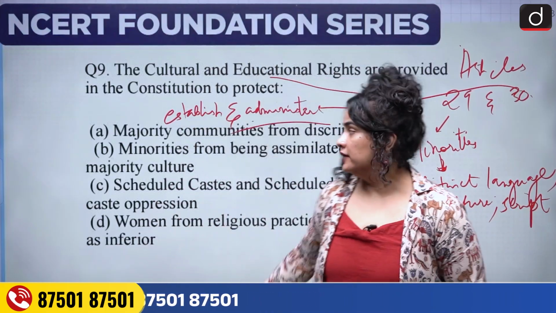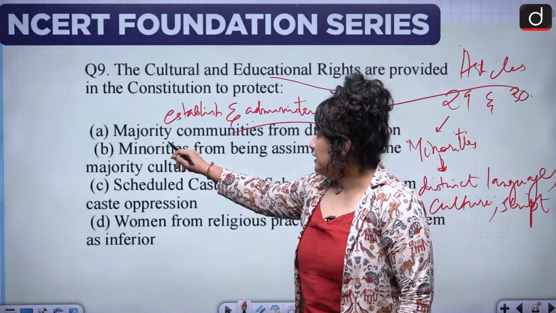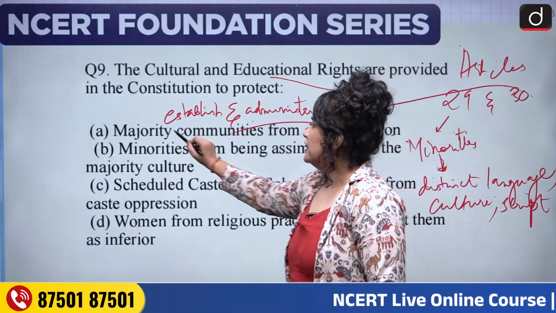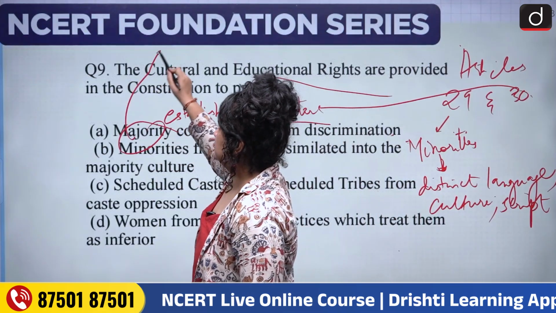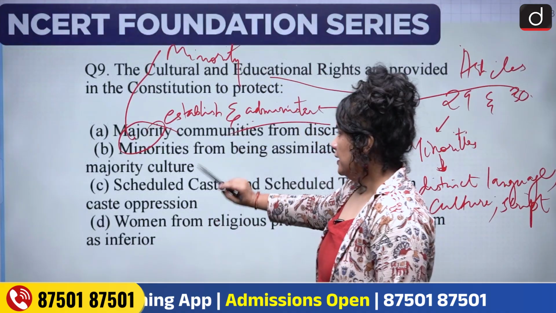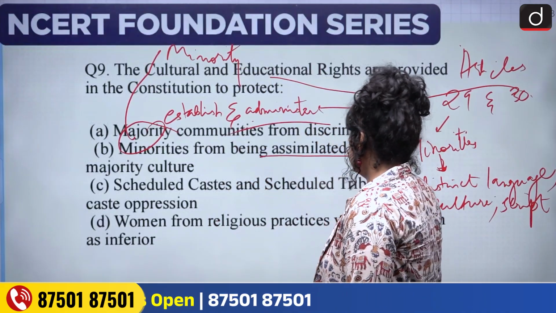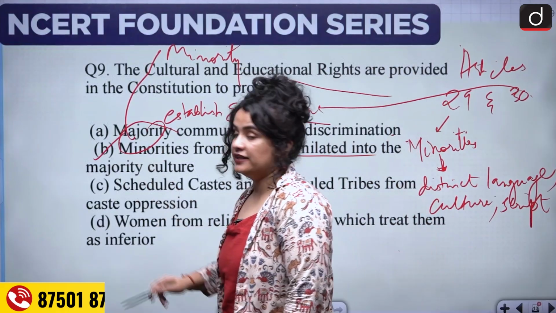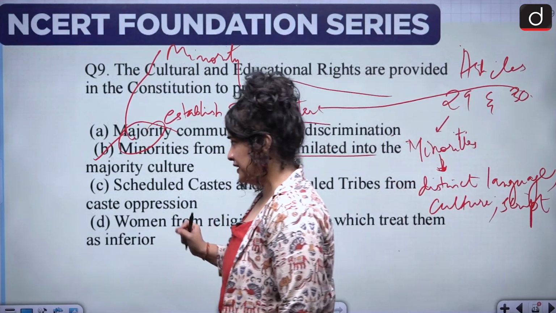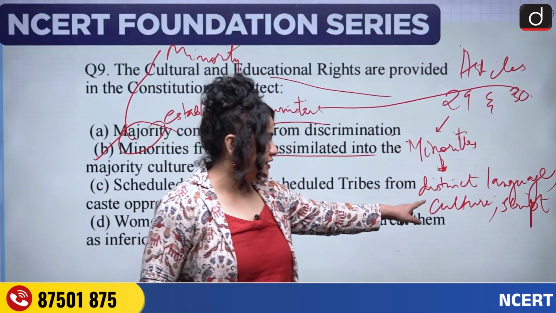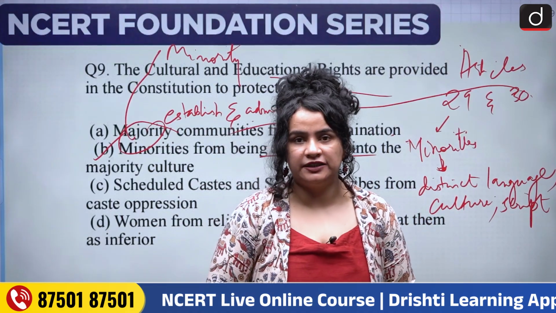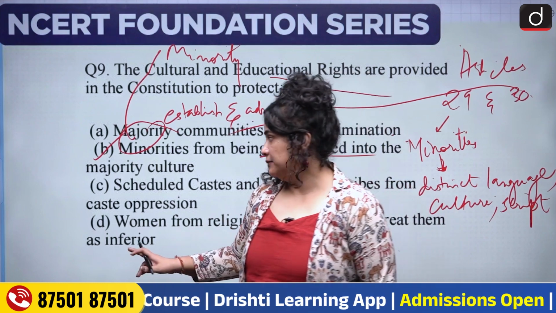So let's look at the options. A, majority communities from discrimination. No, cultural and education rights have nothing to do with the majority, but instead to do with the minority. We just saw Article 29. B, minorities from being assimilated into the majority culture. This is actually right because Article 29 says that we ought to protect the interests of the minorities and especially the distinct language, culture and script so that they're not homogenized with the majority. They are not assimilated with the majority.